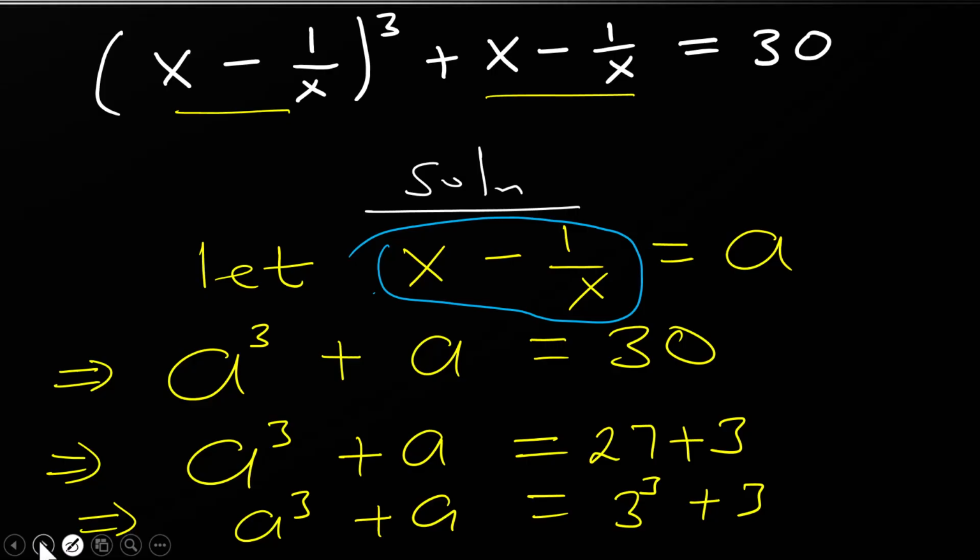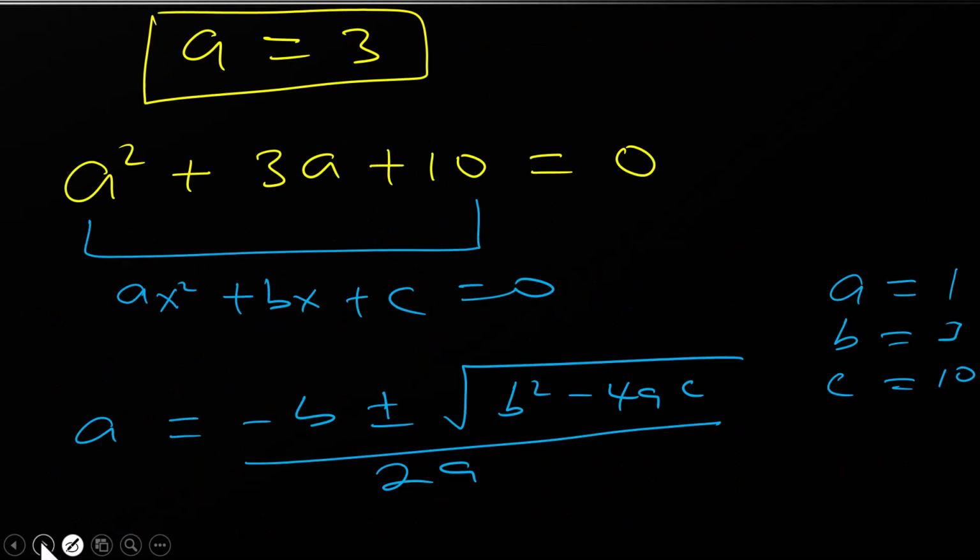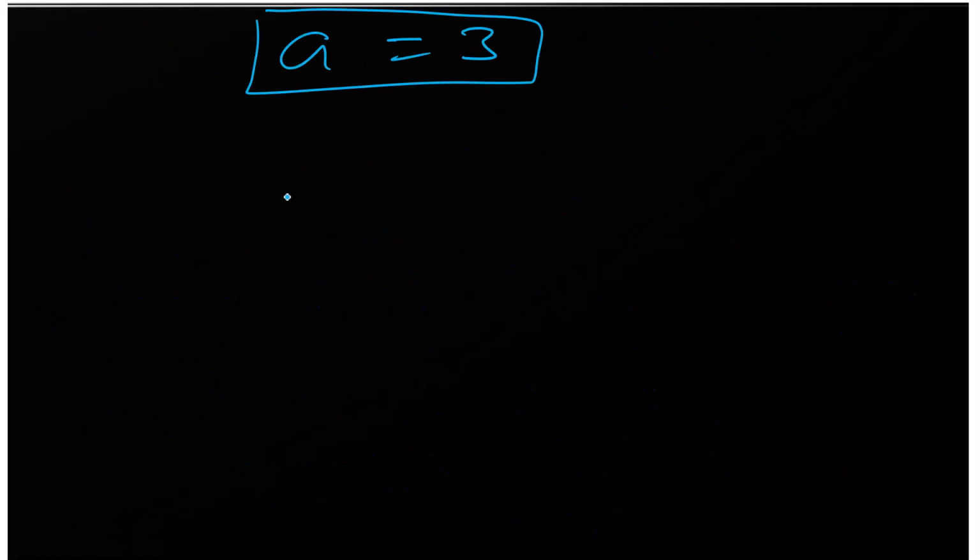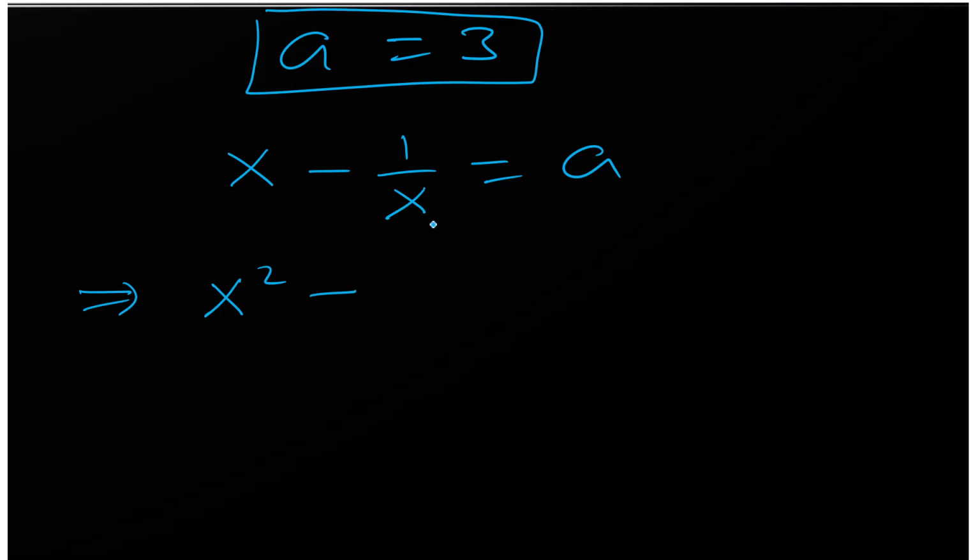So x minus 1 over x equals a. So let's distribute the x here. That will be x squared minus x times 1 over x equals ax.